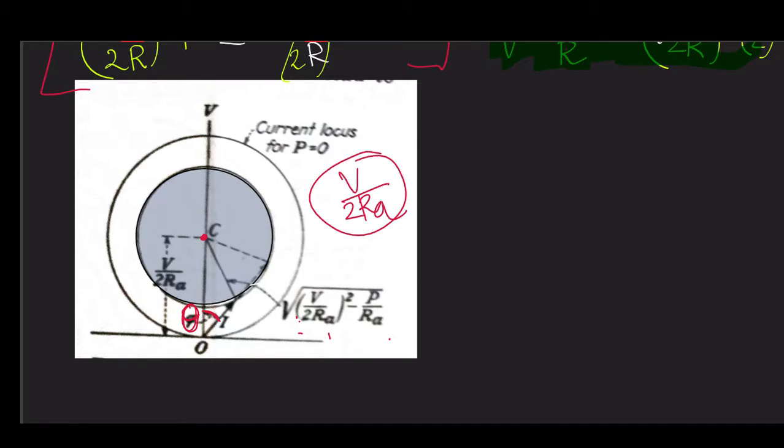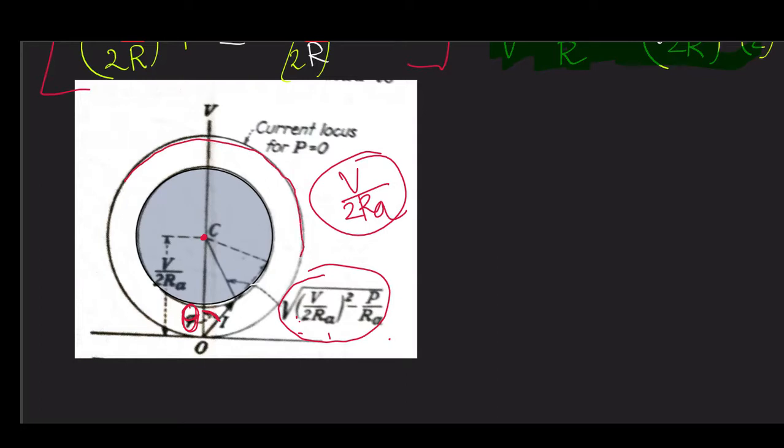As long as the circle radius is small, what is the amount of this circle radius? That radius is given by this term, the square root of V by 2R square minus PRA. So this is the locus when your power is 0. The radius of the circle is given by this. When the power is 0, you will have this bigger circle, this one.